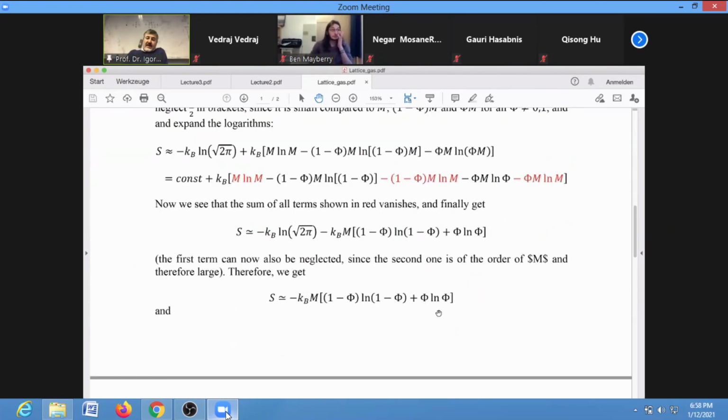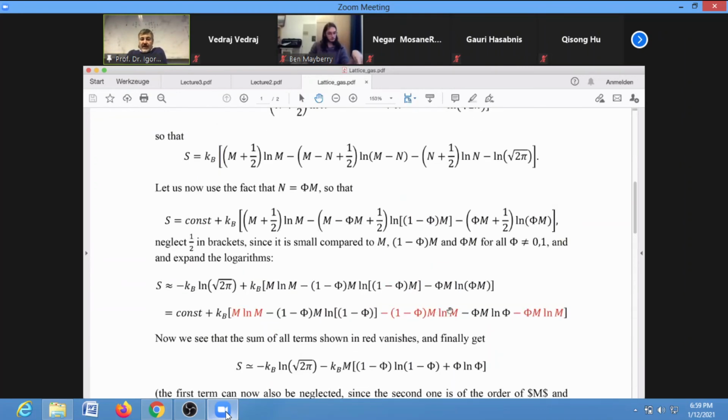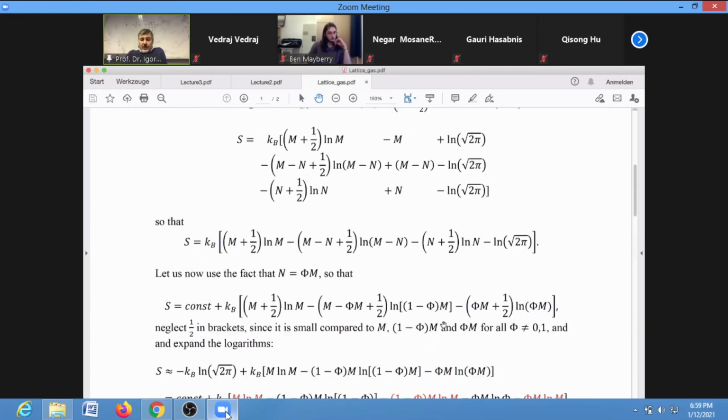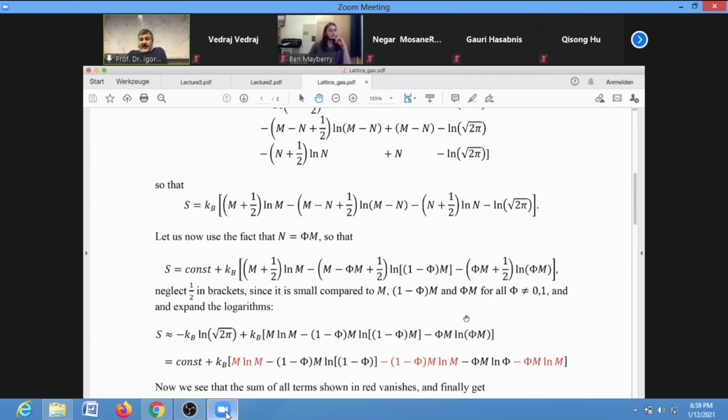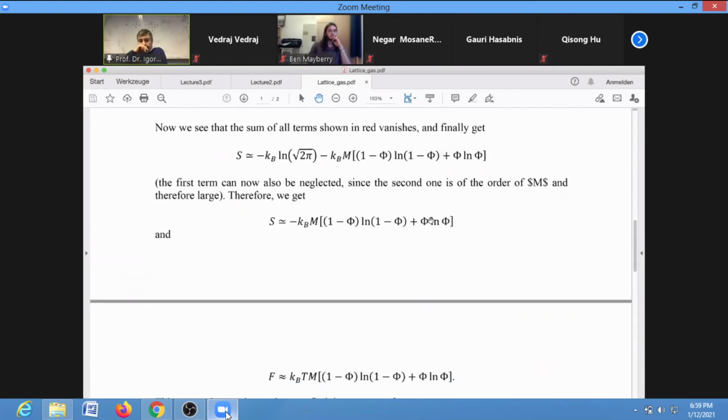We will see another reincarnation of this form tomorrow, because you have a binary system again in our lattice random walk in 1D. The total structure is the same. Simply we have taken more terms into account, which we discarded here because they never play a role for the entropy, like this 2 pi, which goes into a constant, and other terms which go into the constant. So this is important.